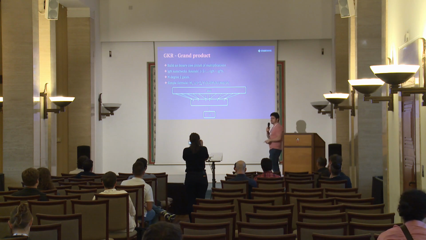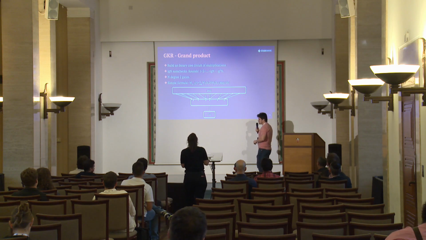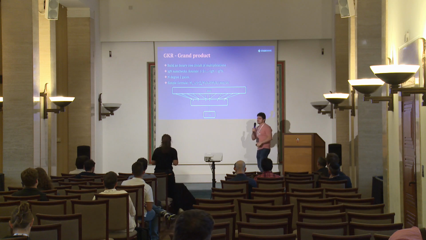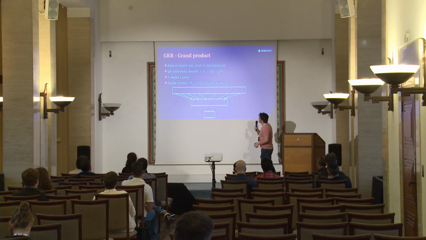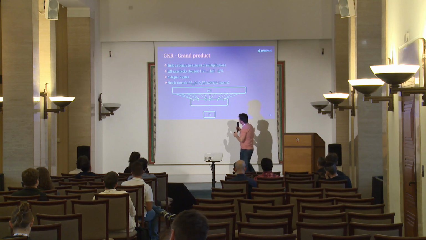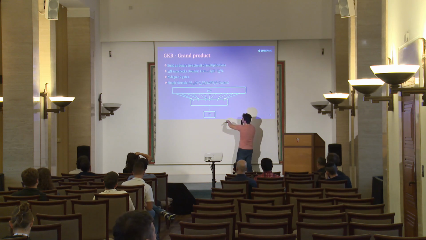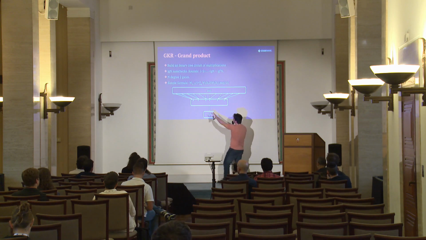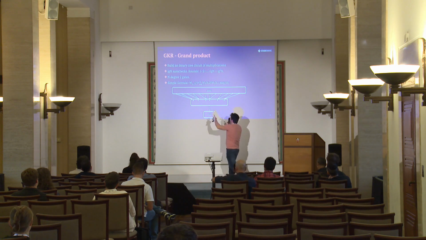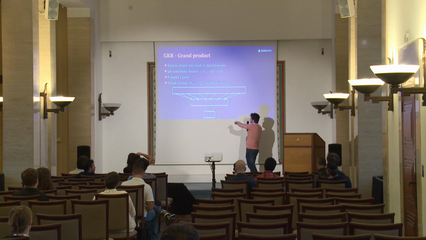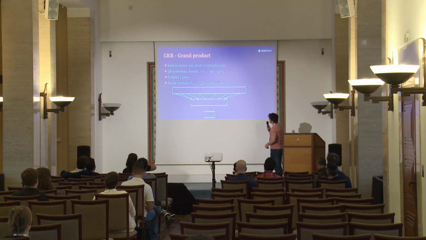Okay, so this is an application of the GKR for the grand product. And I remind you, grand product is just being able to compute the multiplication of the entire column. So the arithmetic circuit we're going to choose here is a simple binary tree. Every two aligned values go into a multiplication gate and have one output. So basically this binary tree computes the multiplication of everything in this column.